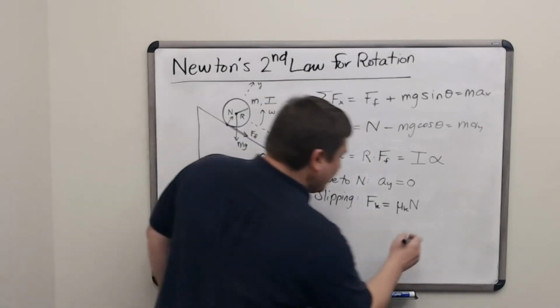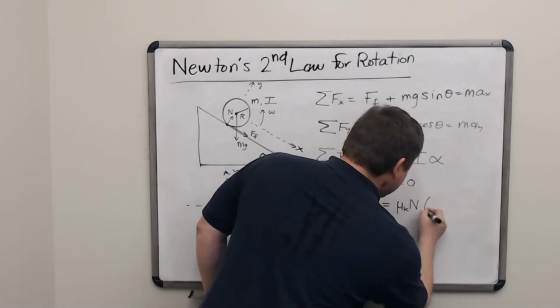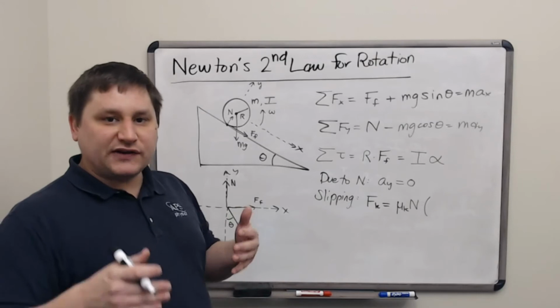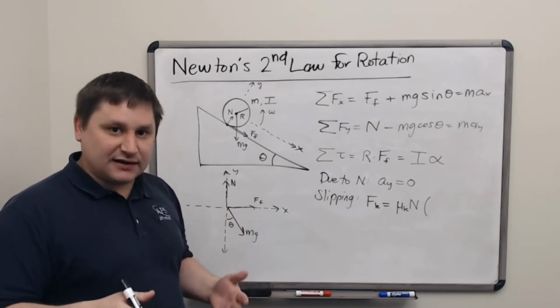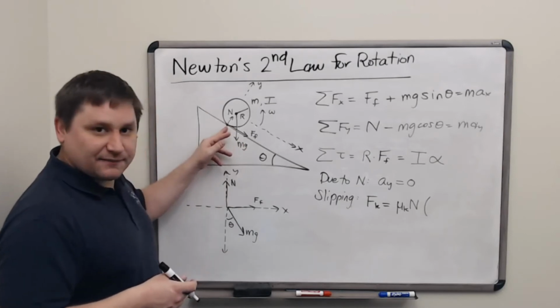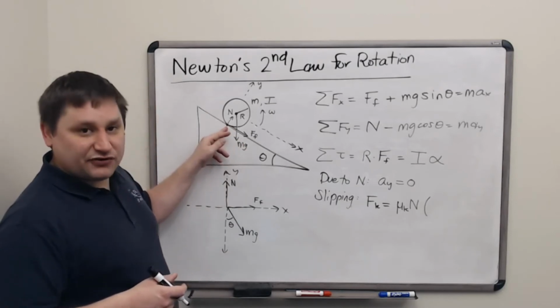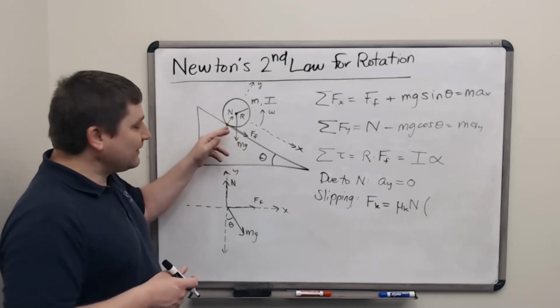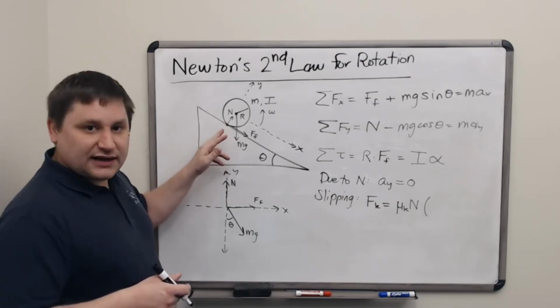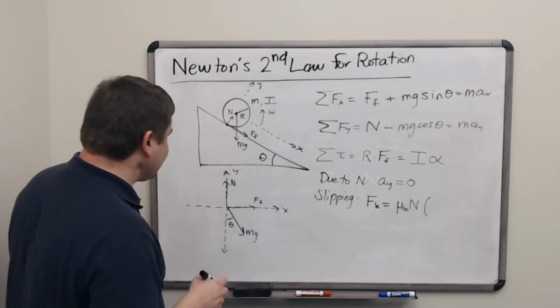So remember that when slipping happens, it's not just always opposing the motion, it is opposing the relative motion. So we really need to look at the two surfaces here and what their relative motion is to decide whether this object is slipping or not, and what direction the object is going to feel that frictional force.